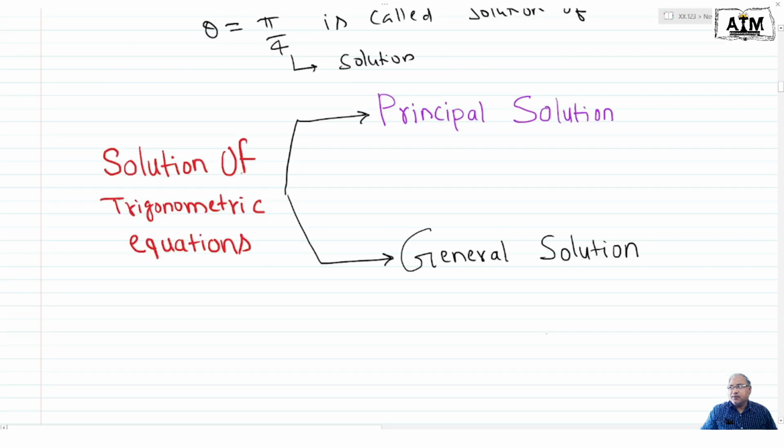There are two types of solutions for trigonometric equations. One type is called a principal solution, and the second type is called a general solution. So the solutions of a trigonometric equation are classified into two parts.